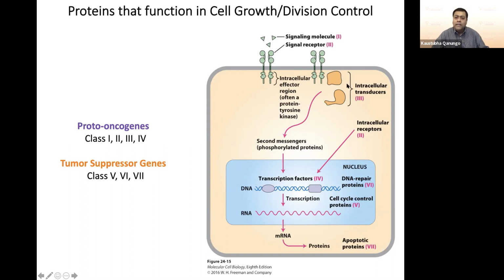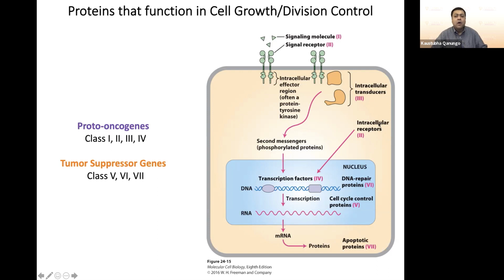So all these proteins which make up these cascades, if they are mutated in such a way that they keep signaling the downstream pathway constantly, and if that downstream signaling is for cell proliferation, then that will cause cancer. So these are called the intracellular transducers, which are the signaling pathway proteins downstream of the receptor.